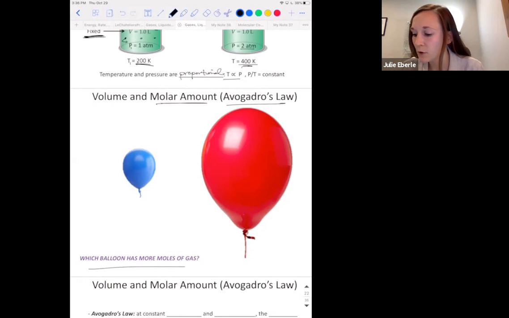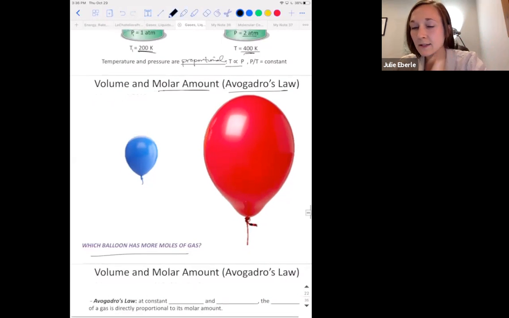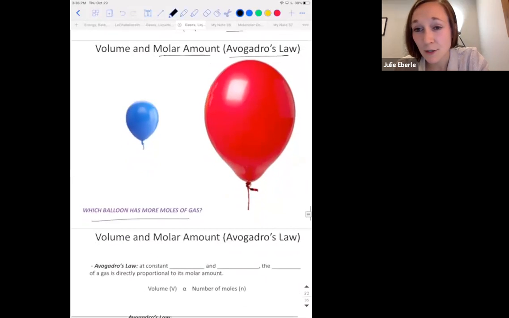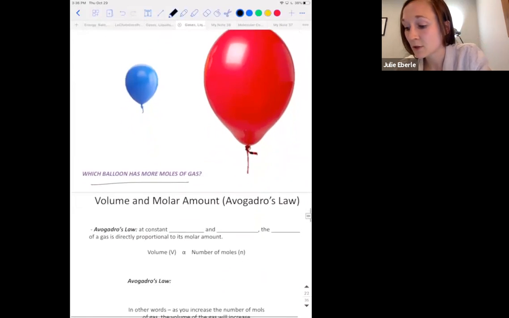If I ask you which balloon has more moles of gas, what do y'all think? Yeah, the red balloon. Why? It's bigger, okay? More moles of gas is directly correlated to a larger volume. Now that seems very obvious to us, but it's actually very much a chemistry relation.